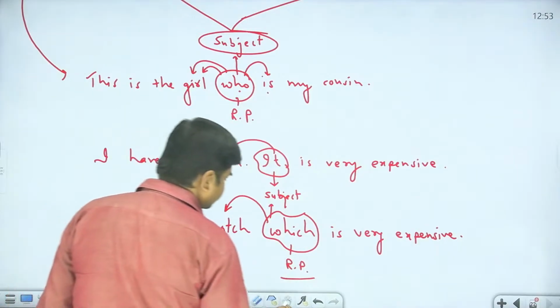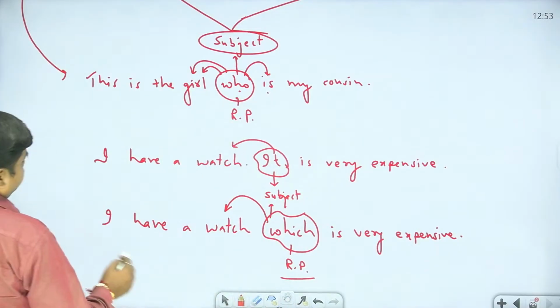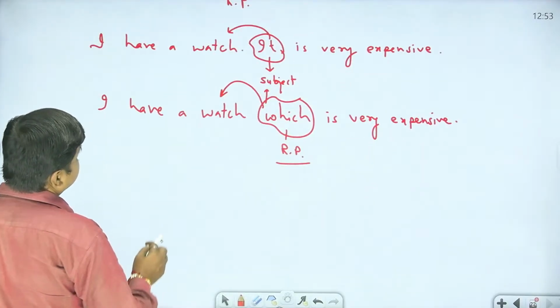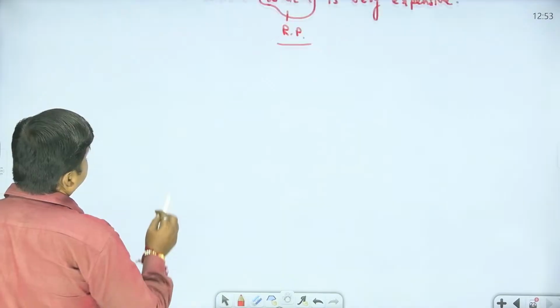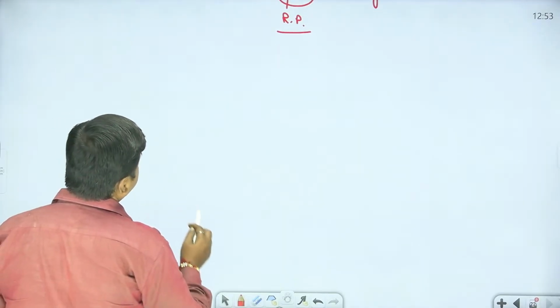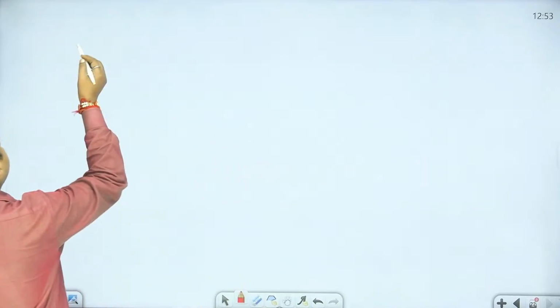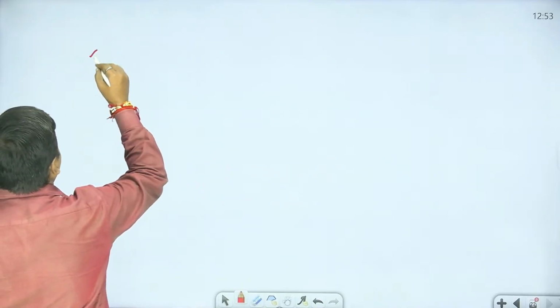Let's take some more examples of object now, because these two examples are of subject. Now we are going to understand, if there are objects, how to do that. Suppose that there is a sentence like this.